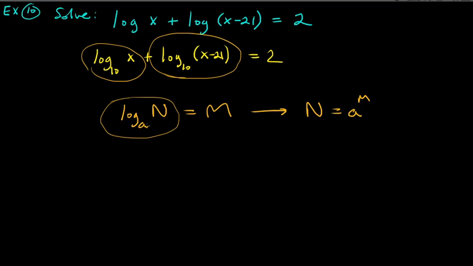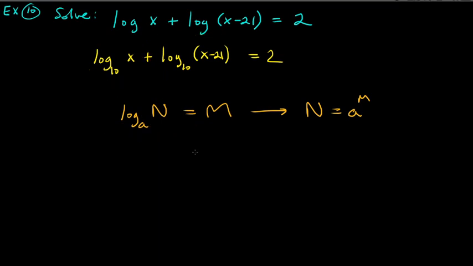So this process of kicking the a over doesn't work when you have two of them. It only works when you have one. So what do we do? Well, what we did in the last video, in section 4.4, we combined these down to a single logarithm. Since I'm running out of space, let me just move things around.